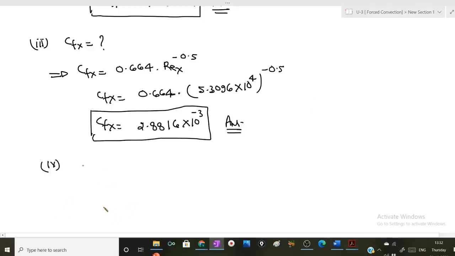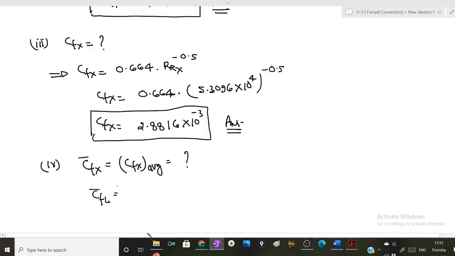Yes, sir. Okay. The next is the average coefficient of friction up to the distance x, and it can be represented by CFX bar, or it can also be represented by CFX average. If you see in the data book, the very next formula is given as CFL average.